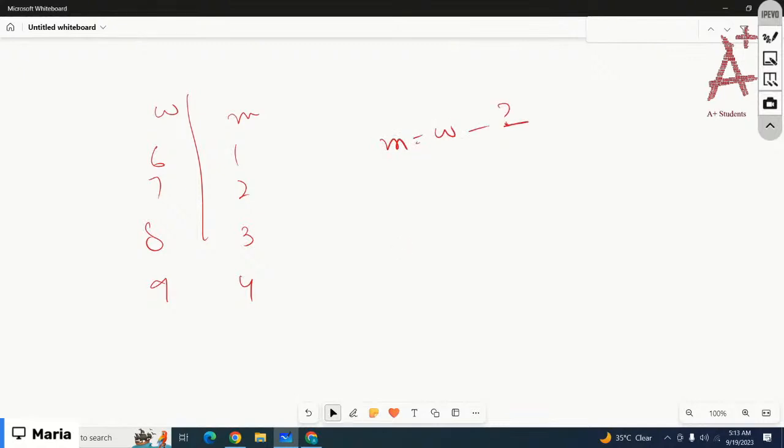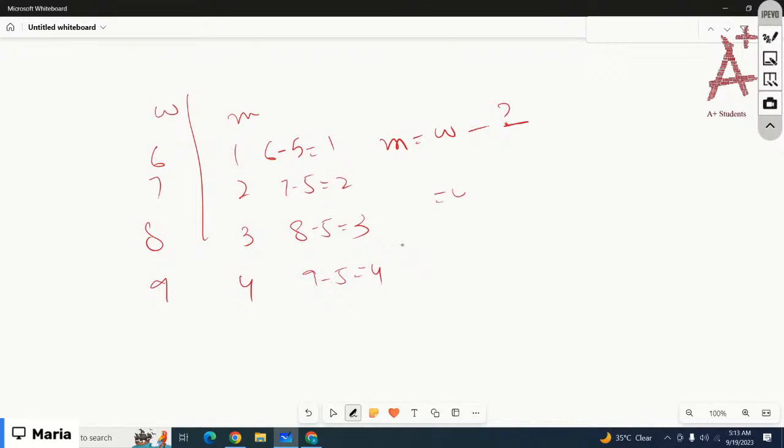What number is missing? 6 take away what number equals 1? 6 minus 5 equals 1. 7 minus 5 equals 2. 8 minus 5 equals 3 and 9 minus 5 equals 4.